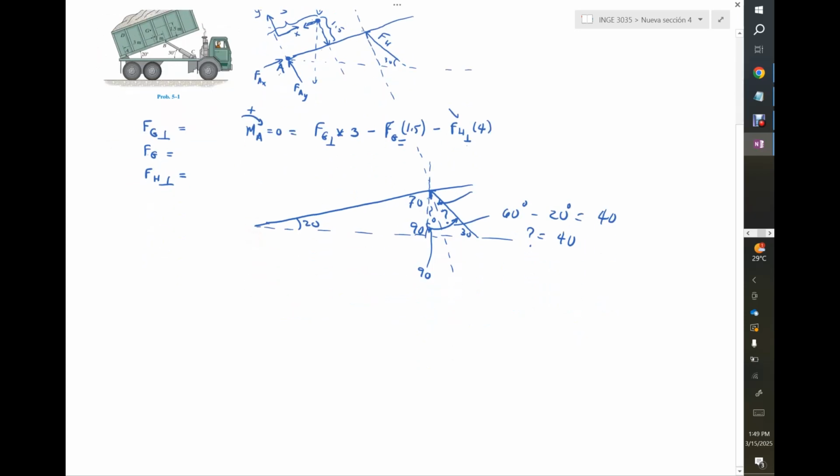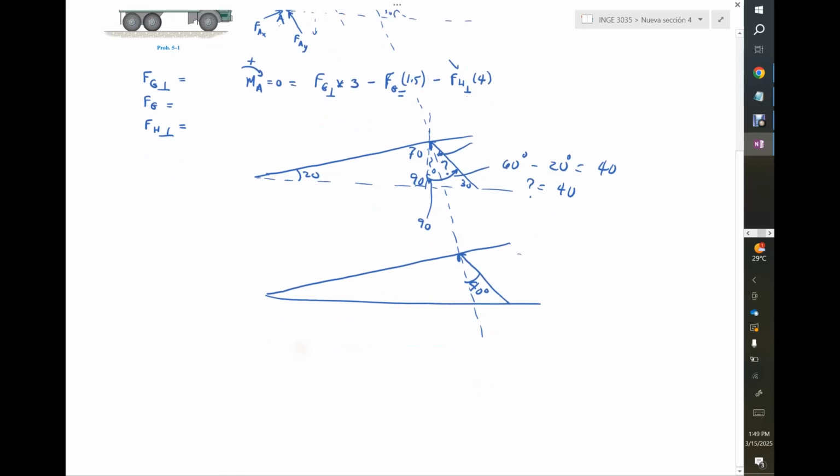So this is what you got. Let's draw this again. You got that there, and now you got the hydraulic force going like this, but the line that is perpendicular here is 40 degrees, and that's the only thing that you care about, the 40 degrees, because when you do that, the force hydraulic, which is perpendicular to the bar, is going to be FH times, in this case, the cosine of 40.